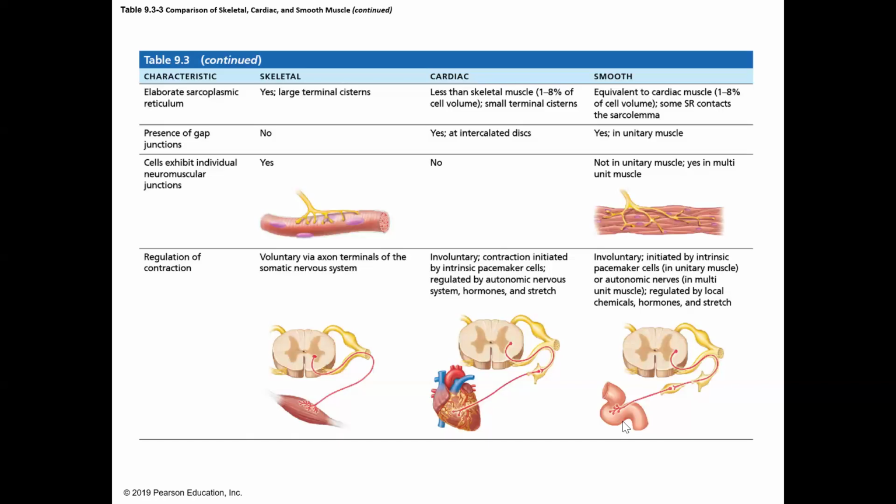To give you an example, think of smooth muscle in your digestive organs. When contents enter the digestive organs, that stretches the muscle and it initiates a reflex for it to contract. So simply stretching either smooth muscle or cardiac muscle will cause it to contract. Whereas skeletal muscle, the only way it'll contract is to communicate by releasing neurotransmitters.